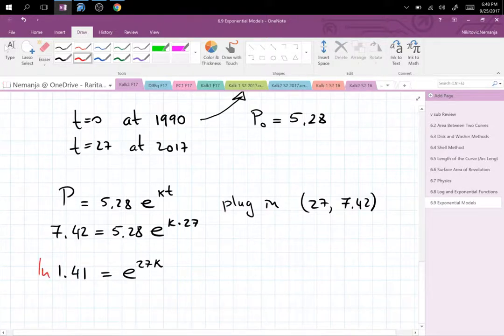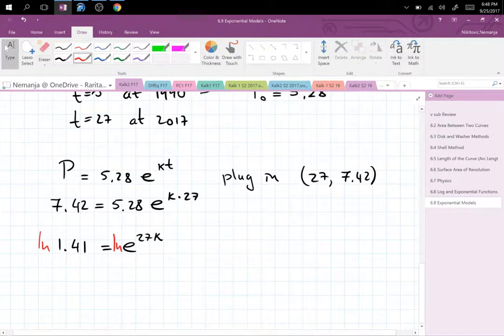We are going to ln both sides. It's not times ln. You are applying ln as a function composition on both sides. On the left-hand side, we are going to do the ln of 1.41 and get 0.3436.